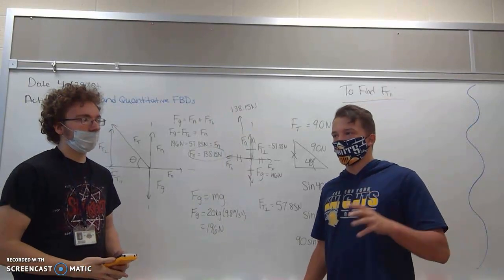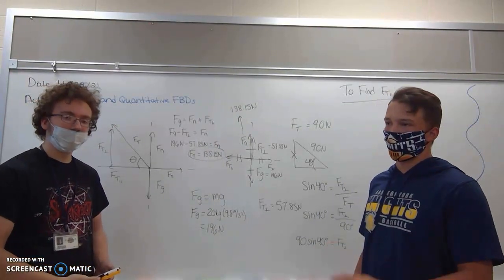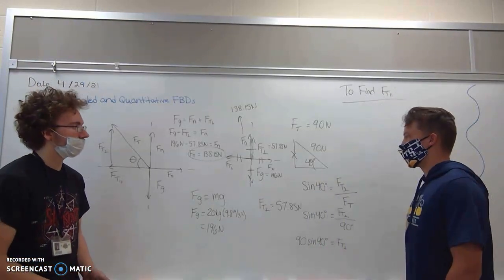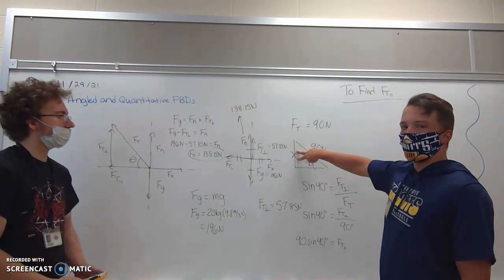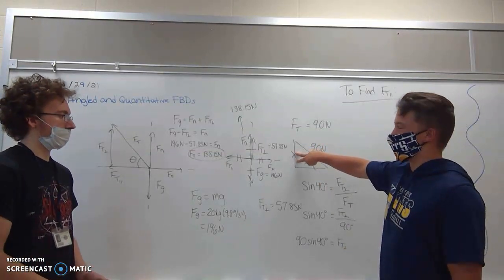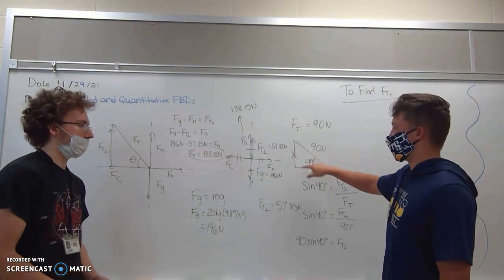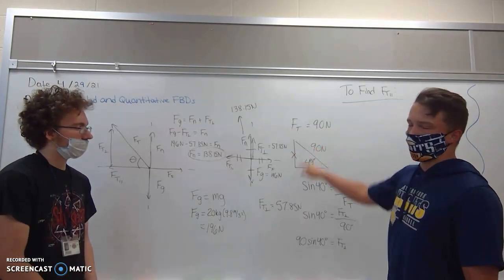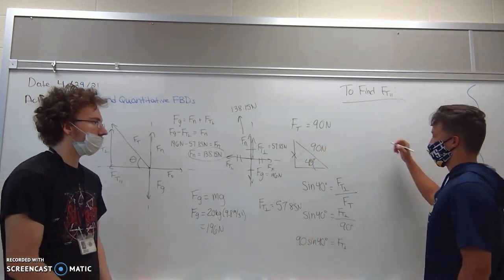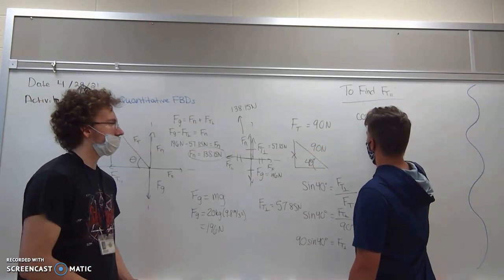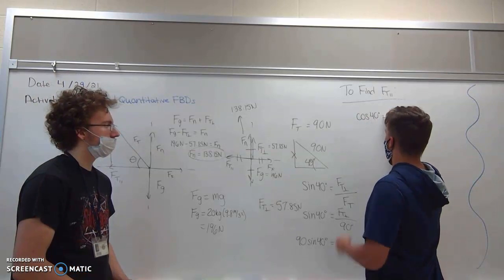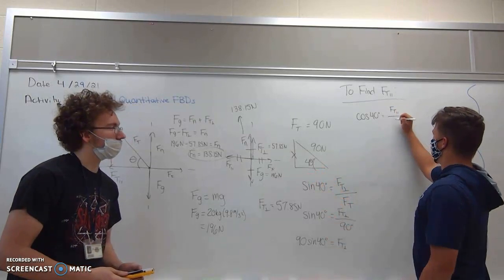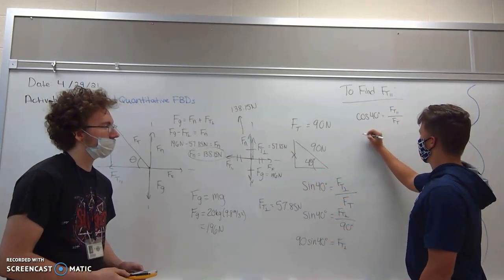Okay, so in order to make this fully quantitative, we're also going to want to find the force of tension in the parallel direction, which is really easy. If we go back to our triangle here, the same way that we found the force of tension in the perpendicular direction, instead of doing opposite over hypotenuse, now we're going to do adjacent over hypotenuse, which is cosine. So cosine of 40 degrees is equal to the adjacent, which is FT parallel, over the hypotenuse, which is FT.